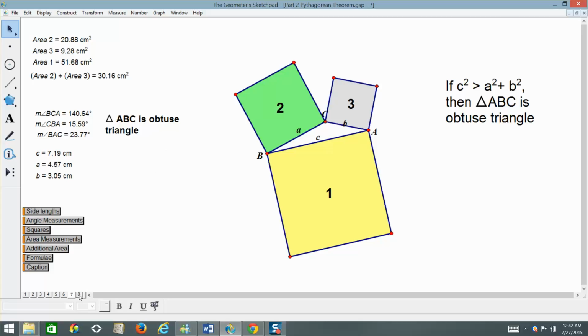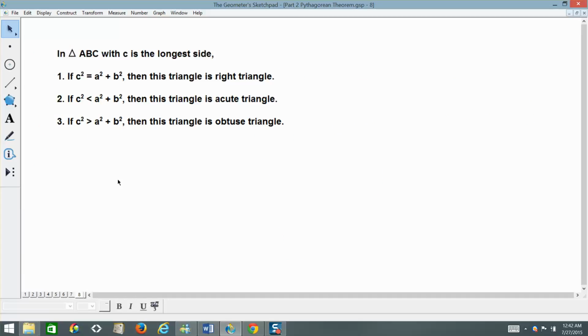Okay, we can make a summary from this video. In triangle ABC, with C as the longest side: 1. If C squared is equal to A squared plus B squared, then this triangle is a right triangle.